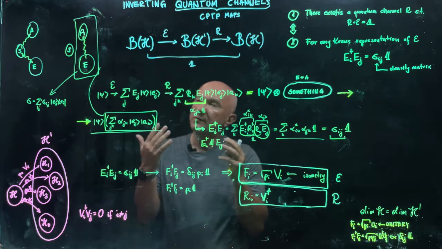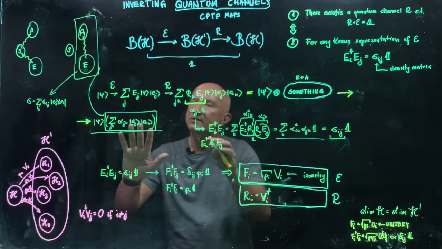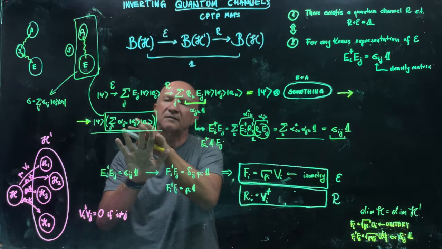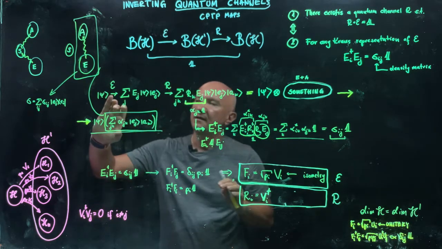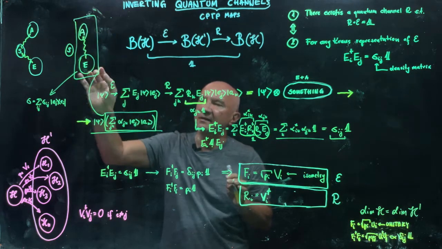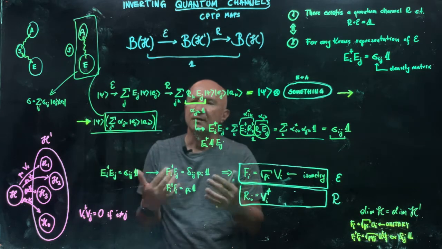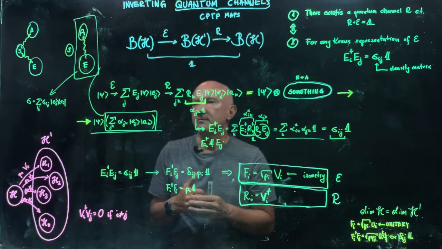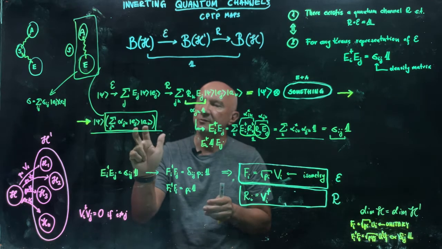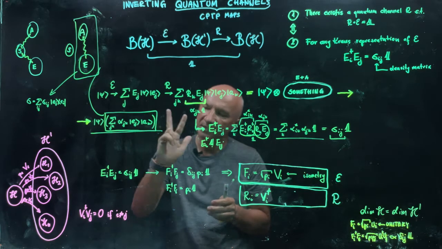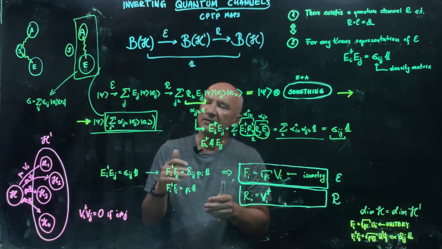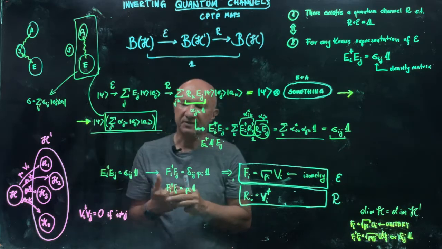That corresponds to choosing the basis in the environment and in the ancilla in such a way that this pure entangled state of the ancilla and the environment is written in the Schmidt decomposition basis. So you just pick the Schmidt basis of the environment and the ancilla, but in this case we are interested in the environment, and then you only have one index.